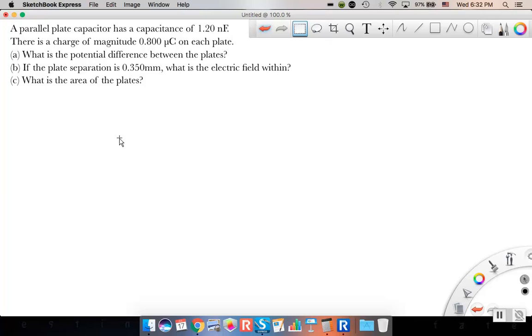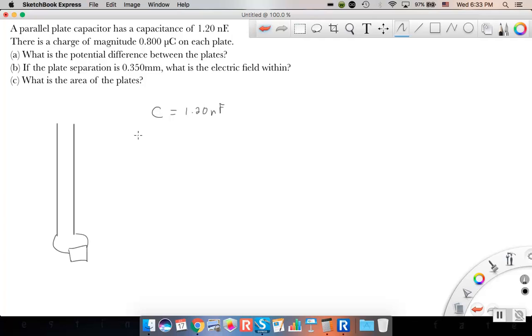Okay, so let's begin. We're going to take our parallel plates here, and we'll talk about voltage as connecting a battery, okay? So, we're given capacitance as 1.2 nanofarad.